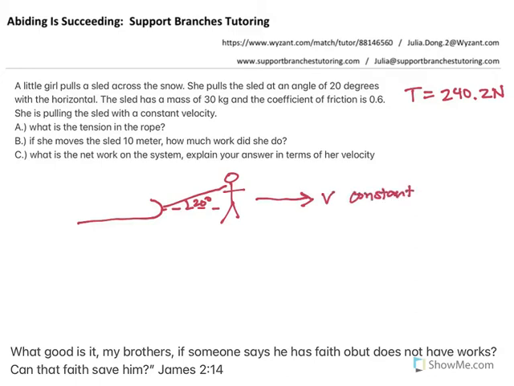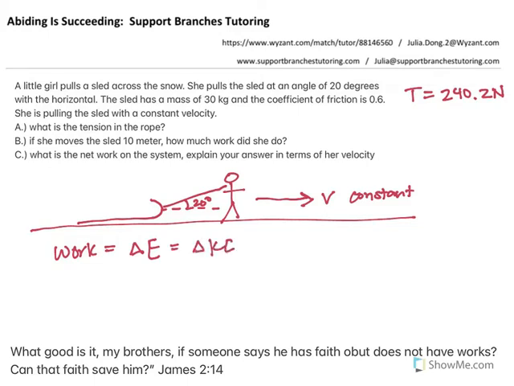So what is work? Work is basically the ability to move objects. It's the amount of energy needed to create a change in velocity. And so it's also defined as the change in energy. As long as we don't have a change in potential energy, that also could be thought of as a change in kinetic energy.